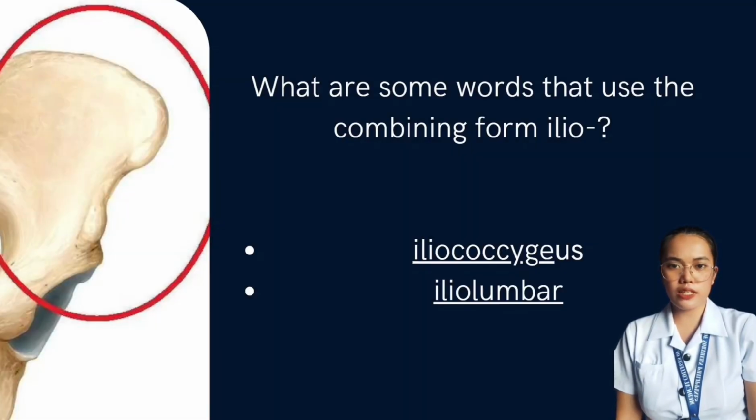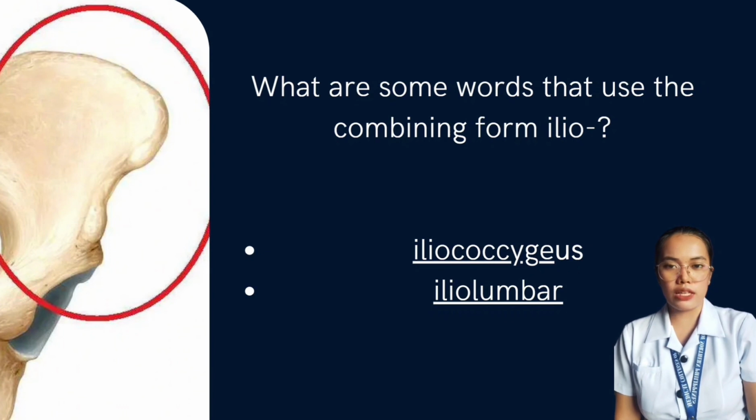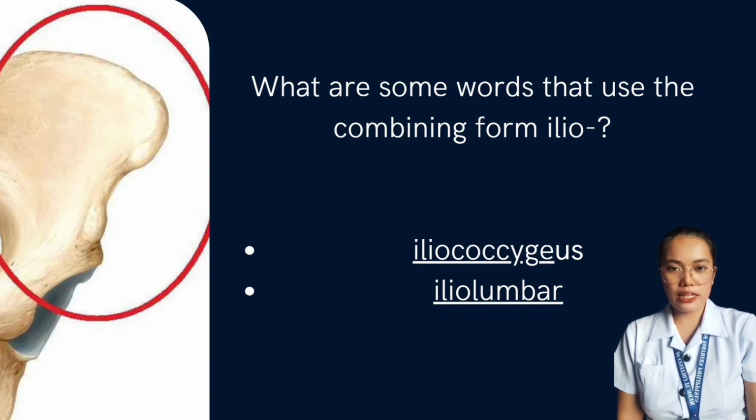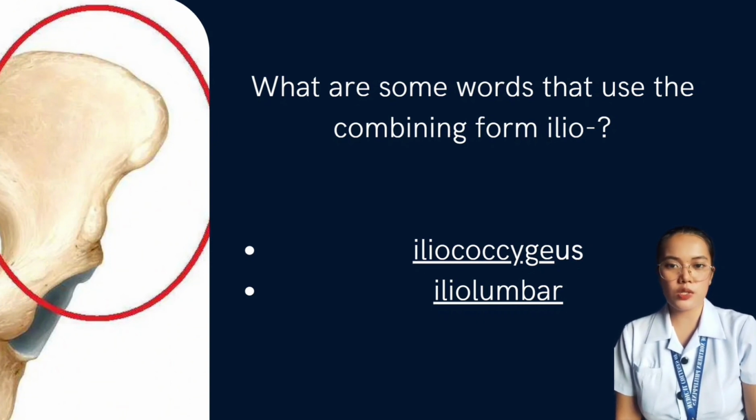Another example for this is iliococcygeus. It is a muscle of the pelvic floor. It forms the posterolateral part of the levator ani muscle group. Another example is the iliolumbar. The iliolumbar ligaments are crucial in supporting the lower lumbar spine. They join the fourth and fifth lumbar vertebrae or the L4 and L5 to the iliac bone crest at the back of the pelvis.